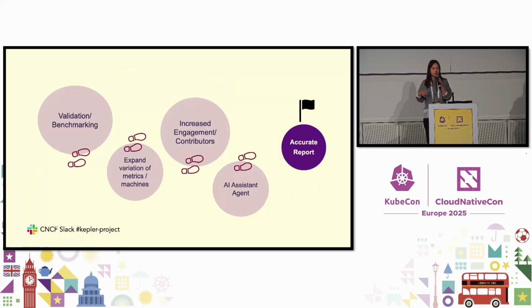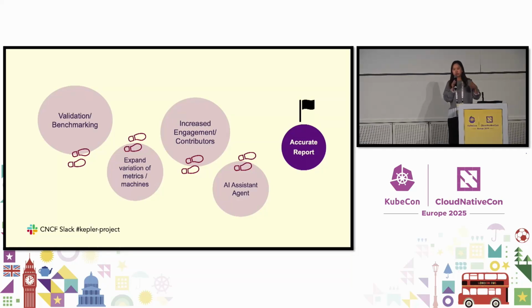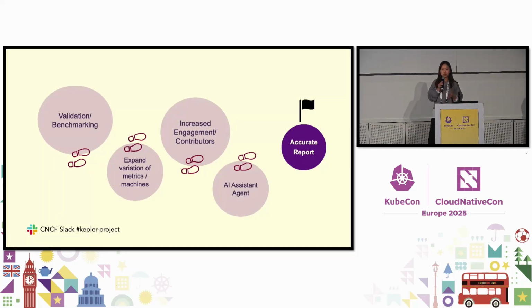Currently, the Kepler project community is working very hard on delivering accurate reports of the energy consumption of workloads. This includes effort from the Red Hat team and also other companies like IBM and Intel, validating the power models, finding benchmarks, and expanding the variety of metrics and machines to cover as much as possible.